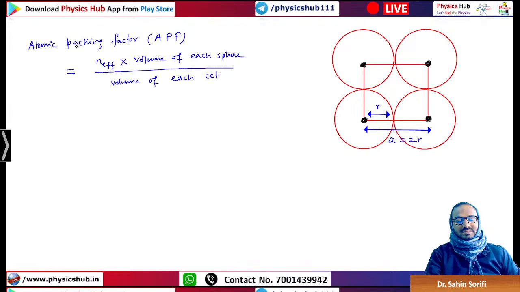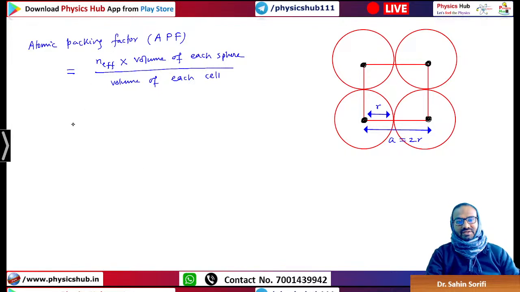What does this atomic packing factor exactly mean? From this formula you can easily understand how much of the volume of the unit cell is occupied by the atoms, that is the atomic packing factor. How densely or how lightly packed the unit cell is. If this value is high, the atoms are tightly packed, the unit cell is tightly packed.